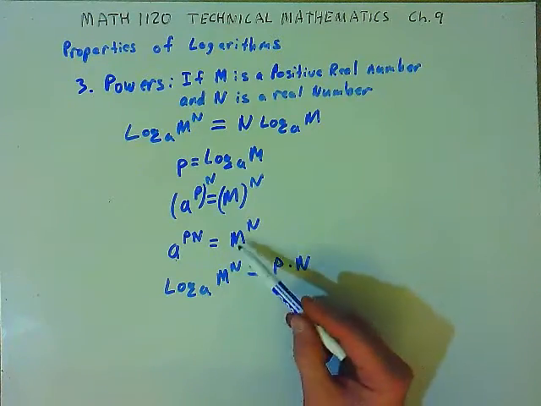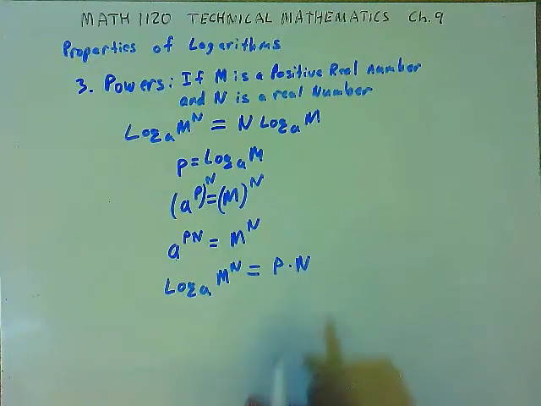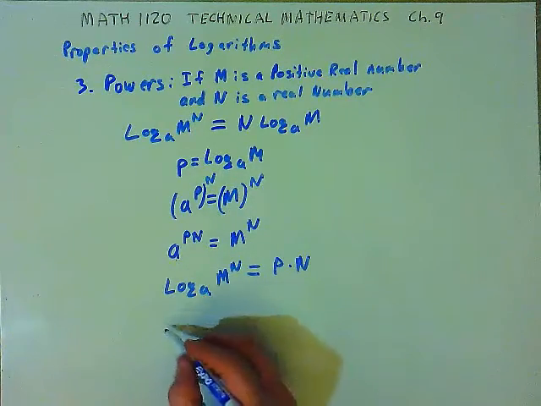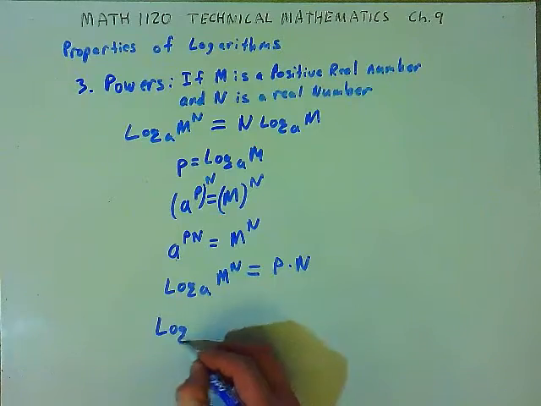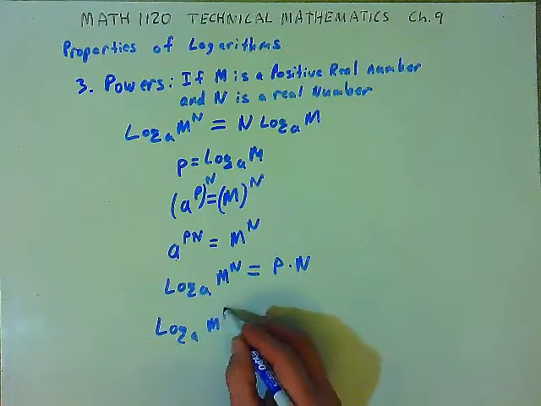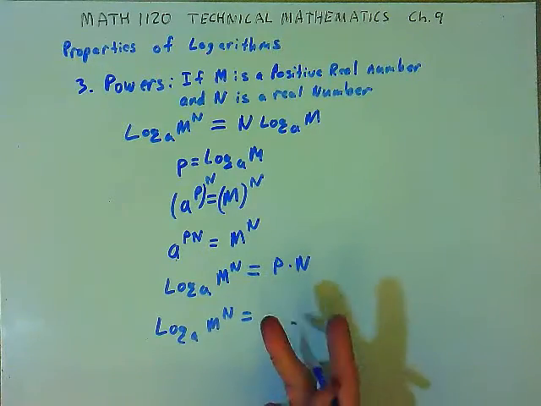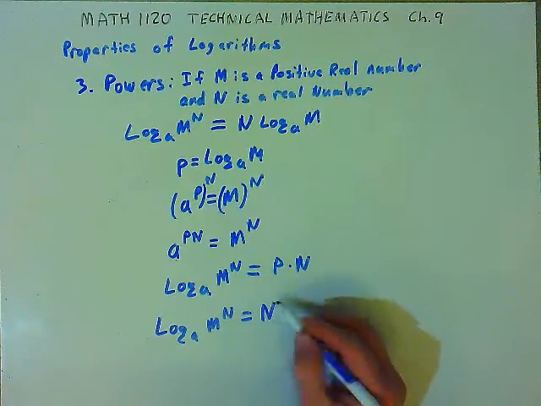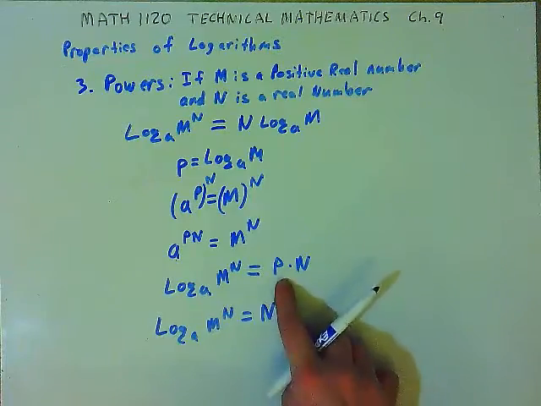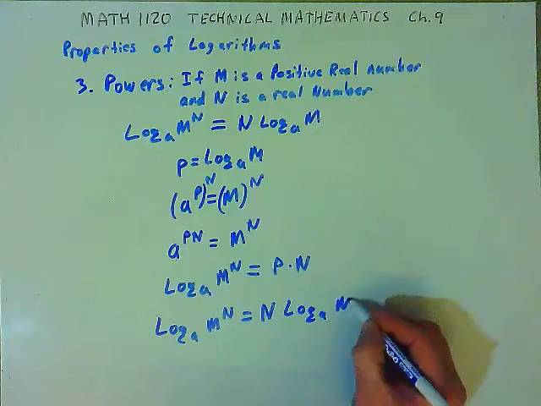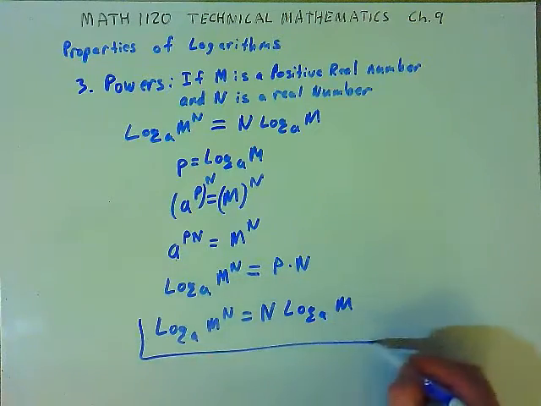So that's how we change exponentials to logarithms. And remember what p was. p was log base a of m. So this says that the log base a of m to the n power is equal to p times n, or n times p. I'm allowed to switch them when they're multiplied, right? So I'm going to switch them. I'm going to write the n first. And then p was log base a of m. And that's a proof of this property.